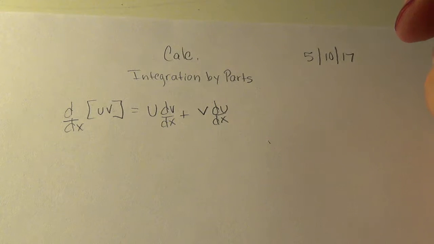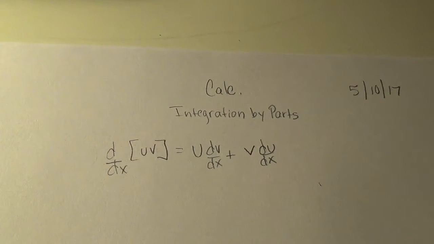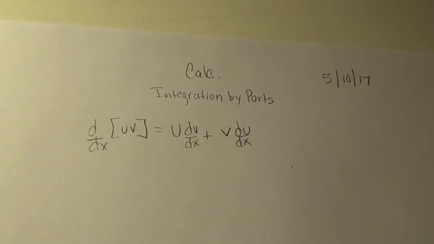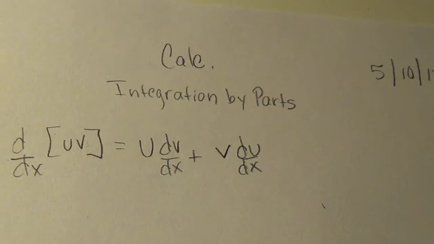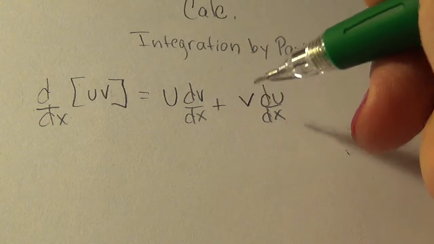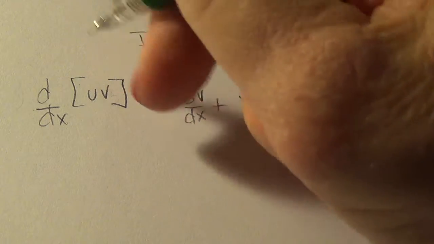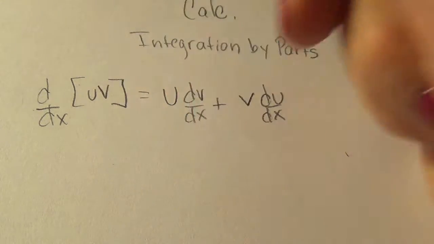Often u's and v's are used when you study integration by parts, and I know they're kind of aggravating, so when you write them, make sure that your v's are extra pointy and your u's are extra rounded to make sure you can see the difference clearly.